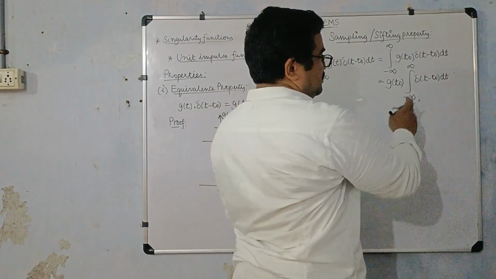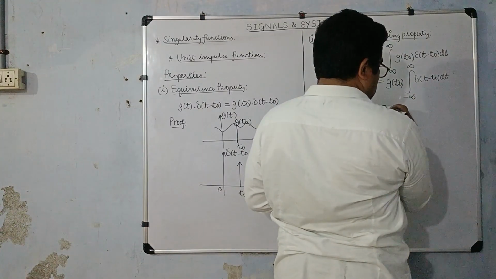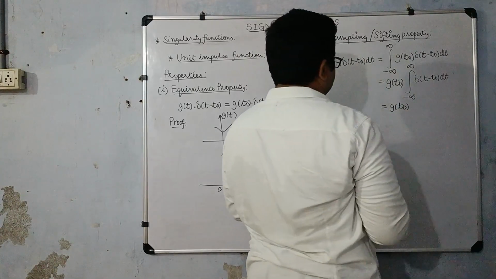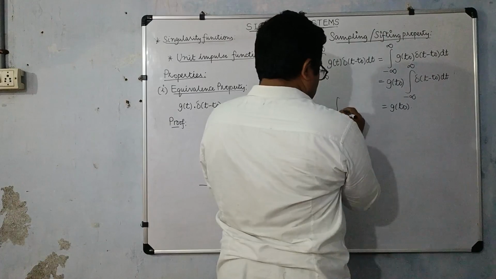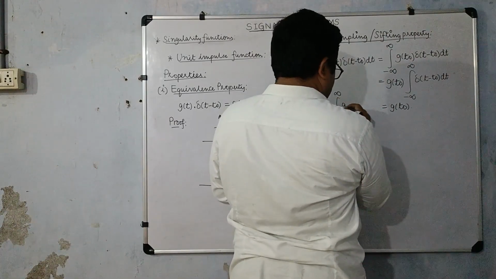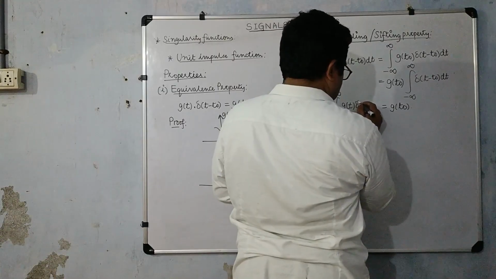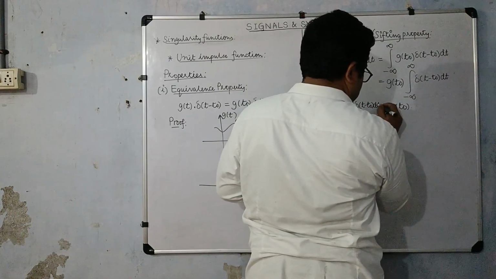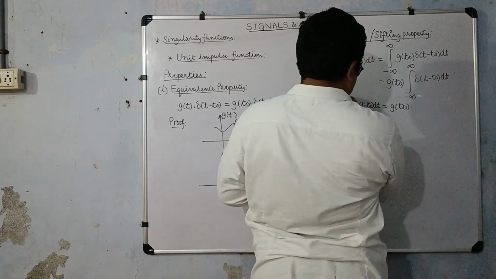So because it is covering t naught, it is equal to 1. So this is equal to g of t naught. So integral minus infinity to plus infinity g of t into delta of t minus t naught dt is equal to g of t naught.